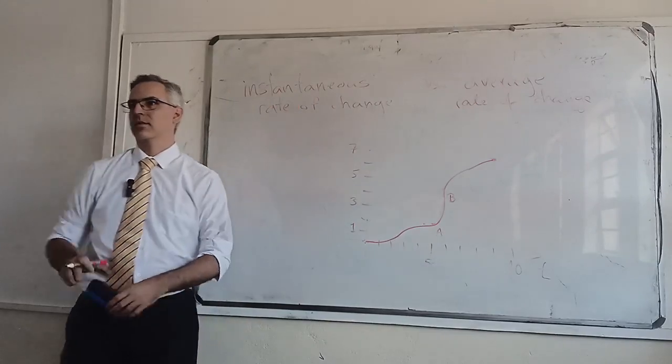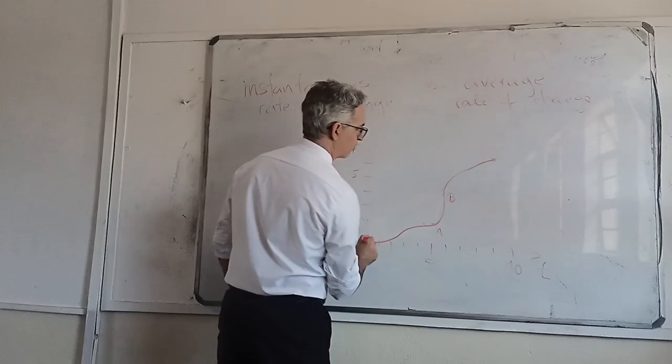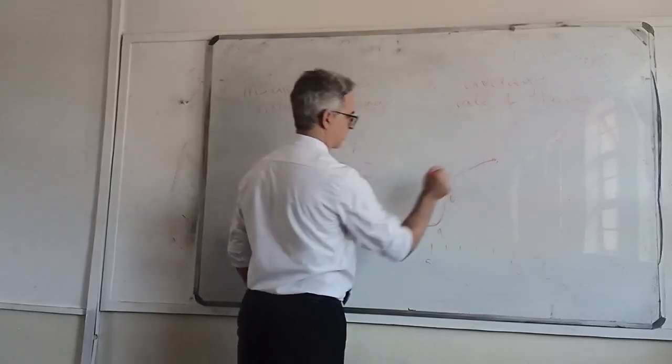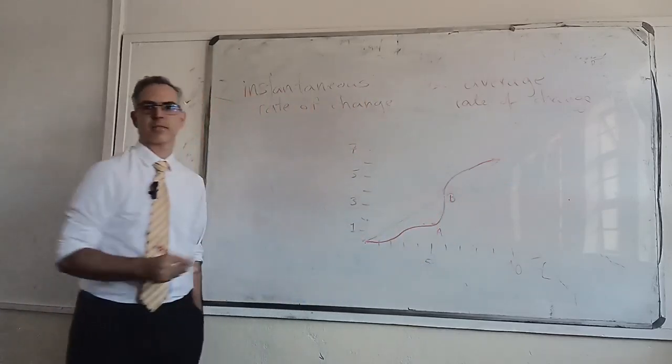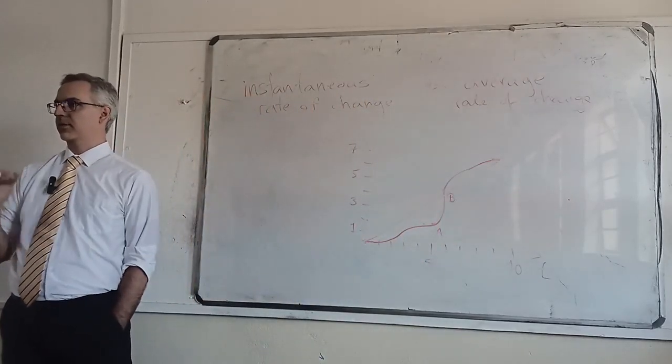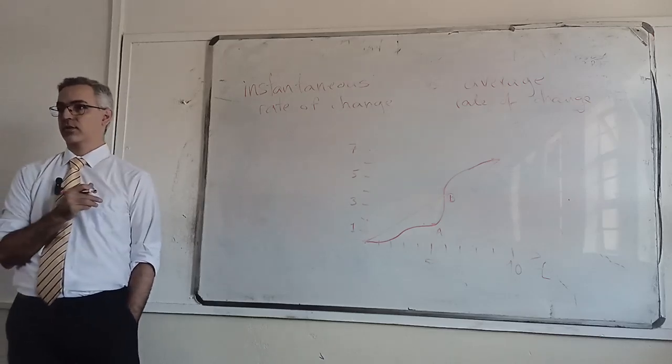So now, if you move like Linda, then you move at a fixed speed the whole time, and the slope will be the same throughout. It's a constant slope. Then it's easy to calculate the slope.